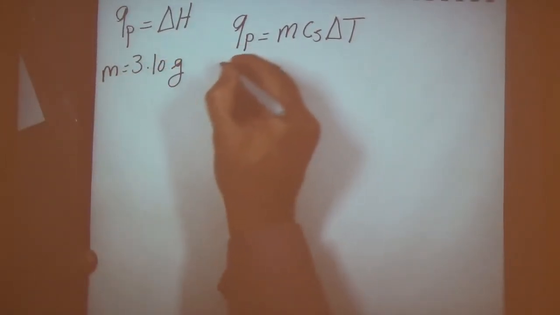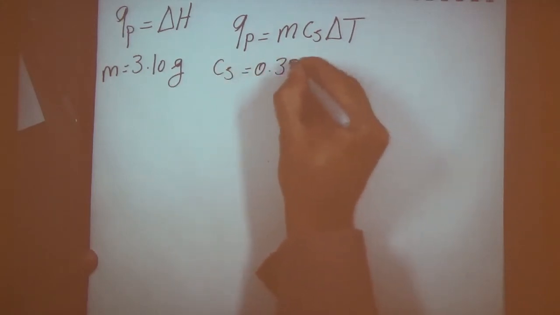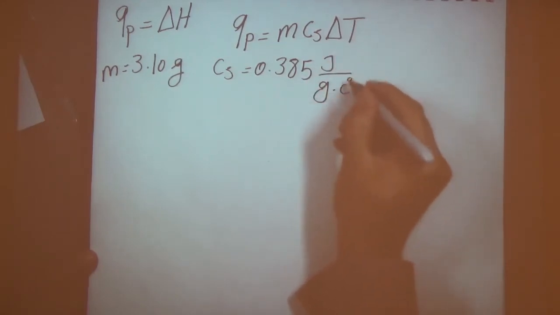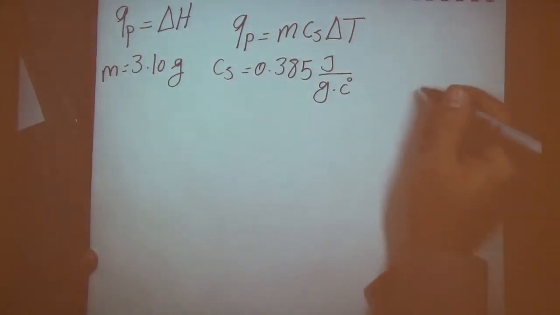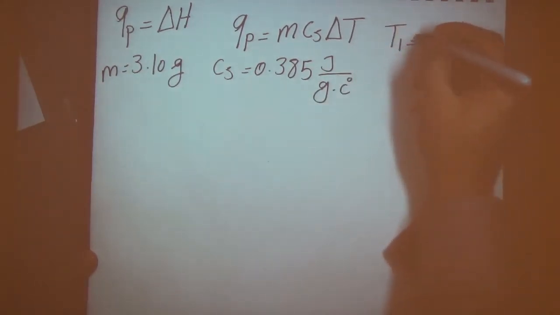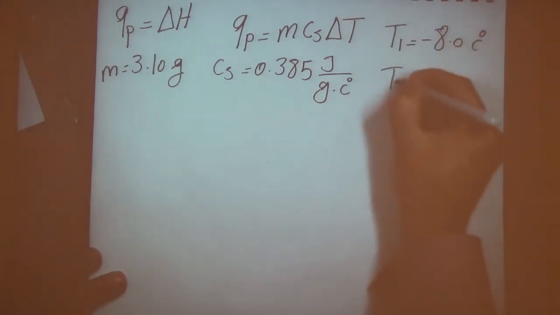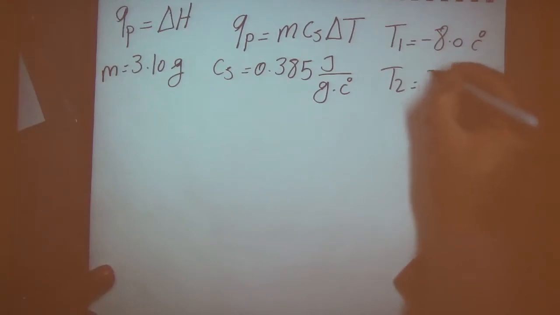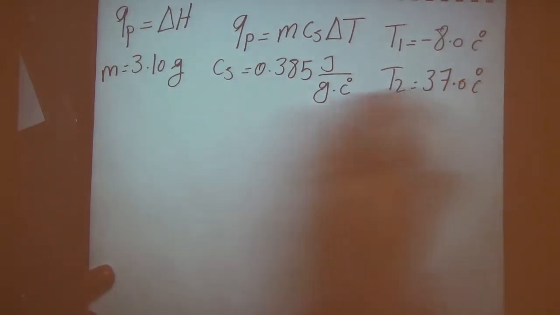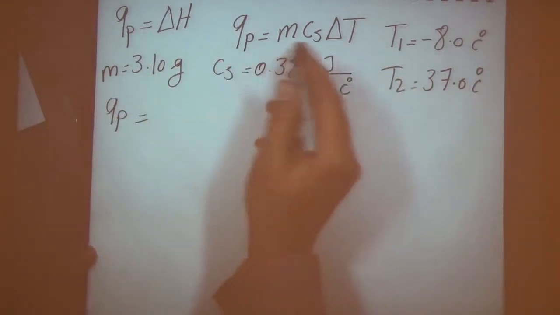And also they gave you the specific heat capacity, and it's equal to 0.385 joule over gram degree Celsius. Next, we do have the initial and final temperature. Initial temperature is -8 degrees Celsius, and the final temperature is 37 degrees Celsius. So I'm going to say heat equals MCS delta T.